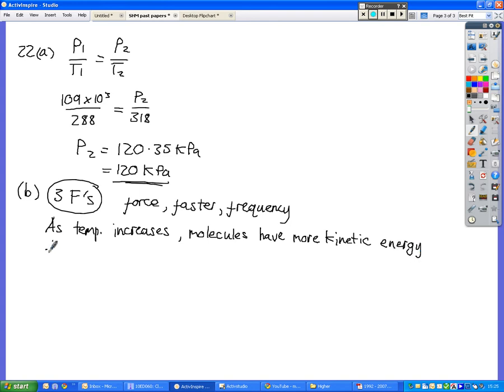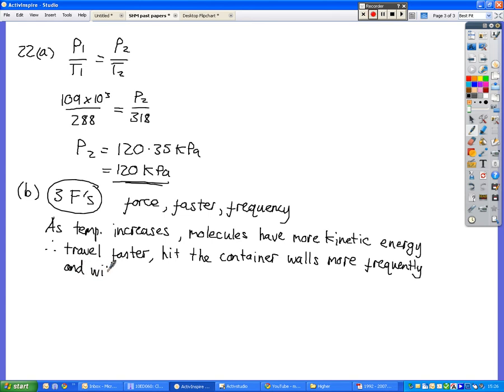So therefore they travel faster, hit the container walls more frequently and with greater force, increasing the pressure. That's basically what's going on inside a gas to increase the pressure.